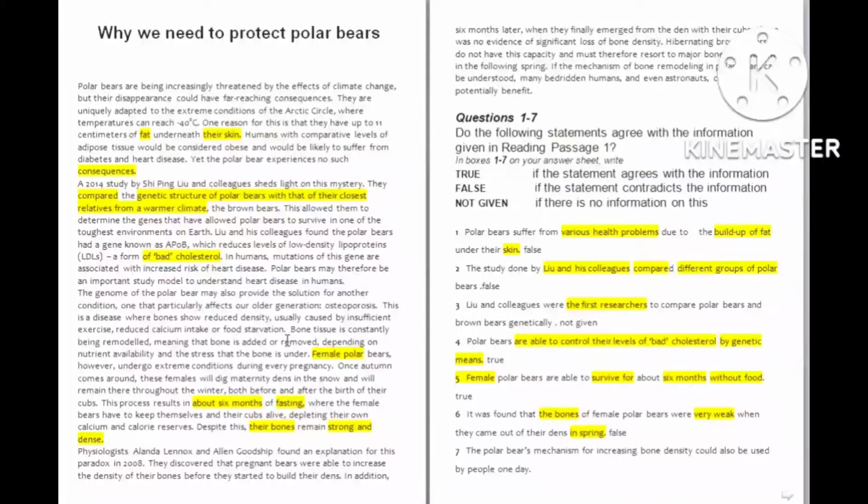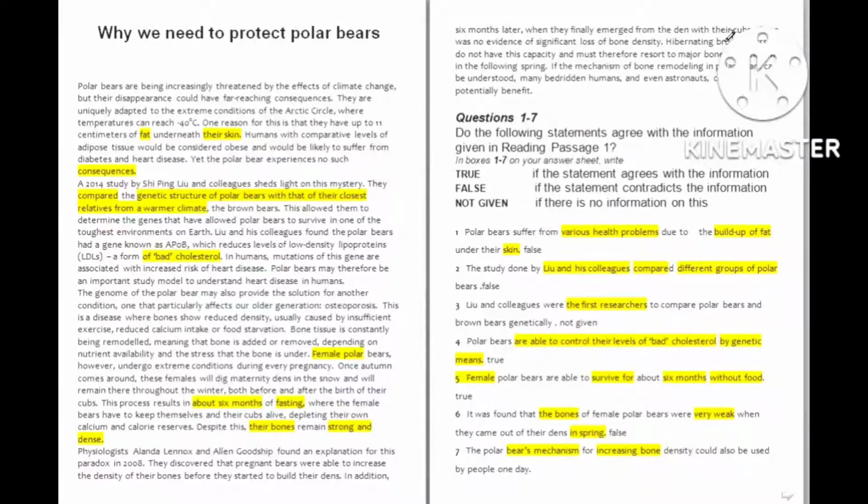Now the last question is: the polar bear's mechanism for increasing bone density could also be used by people one day. Now we find the word mechanism. By using the technique of skimming and scanning, in this way we save a lot of time.